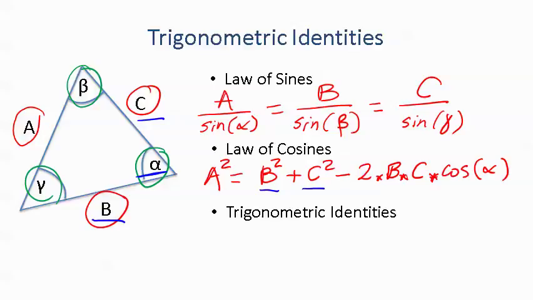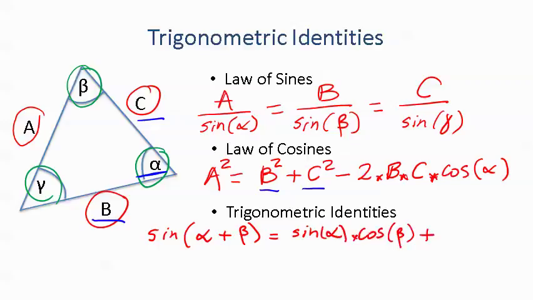We are going to show the addition, the sine of adding 2 angles, alpha plus beta, and this is equal to the sine of the first angle times the cosine of the second plus the sine of the second times the cosine of the first.